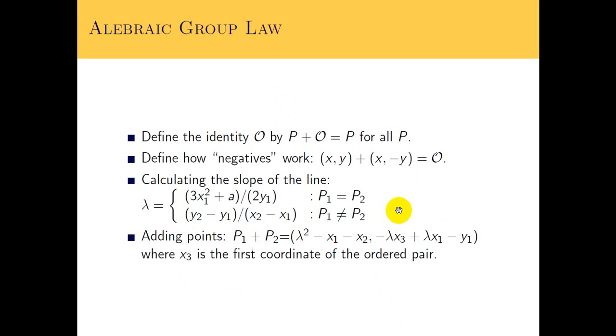So here's the algebraic group law. We're not going to talk very much about this. It's boring. But you define the identity as normal. That's how it works in every group. If you take a point and you add the identity, you get the original point. And for elliptic curves, if we take an xy coordinate and add it to another xy coordinate, but the y coordinate's negative, in other words, when you connect these two, you get a vertical line, then the result is infinity.